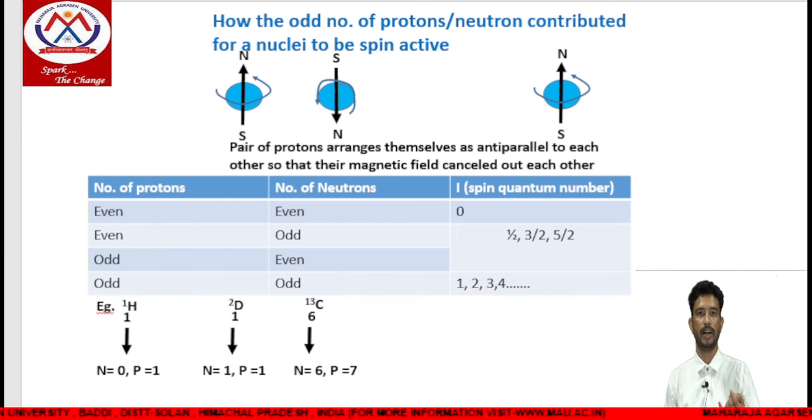The second is deuterium, with 1 neutron and 1 proton, so already an odd number of protons. And we have C-13, with 6 neutrons and 7 protons. So for a nucleus to be NMR active, the odd number of protons or neutrons is what is important.